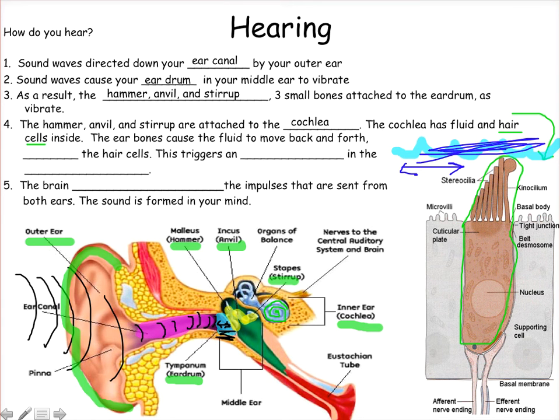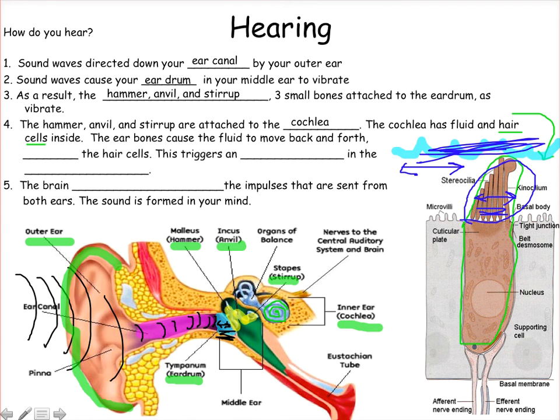You'll notice that these hair cells have a set of processes sticking up into the area where the fluid is. And so if the fluid is shaking back and forth, that means the hair cells that are bathed in that fluid are also going to move back and forth. So these right here, back and forth and back and forth.